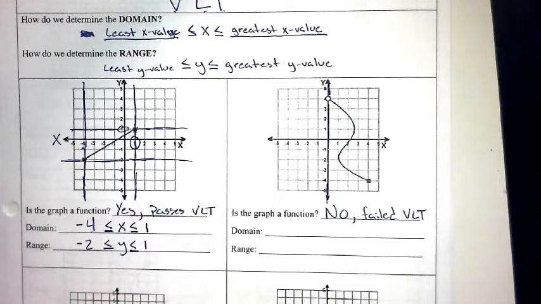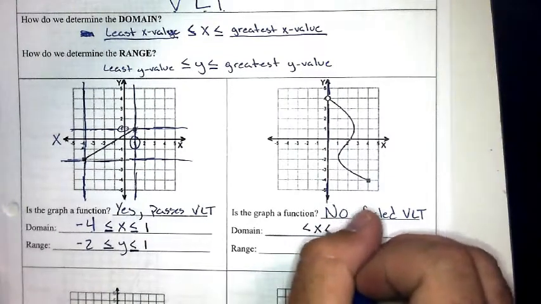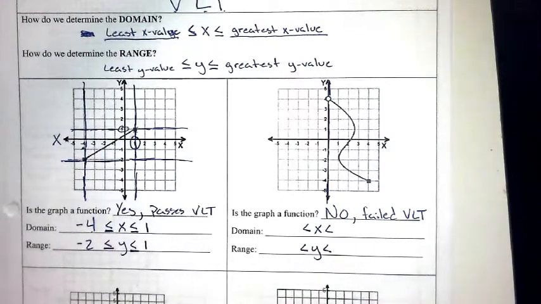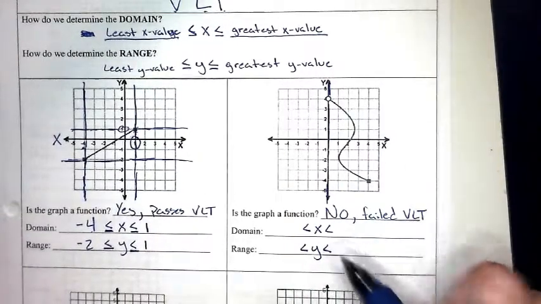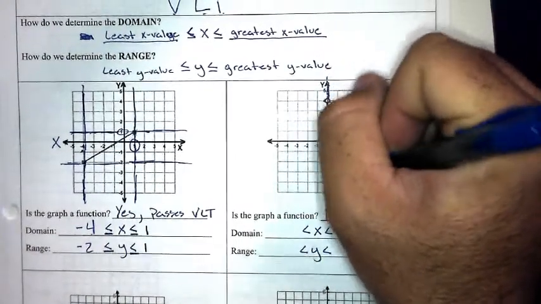Domain, less than, x, less than, range, less than, y, less than. Okay? Start with that, then depending on if I have an open or closed circle, depends if I underline something. So the furthest left I go on the x values is what? Nice.